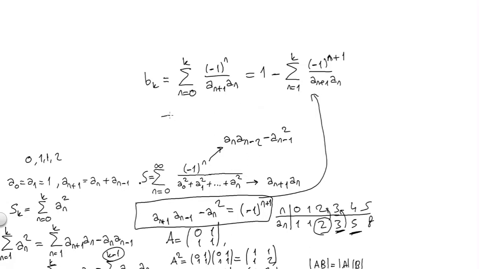So it will be the sum for n from 1 to k. And I have this thing, which is a(n+1) a(n-1) minus an squared, over a(n+1) an.